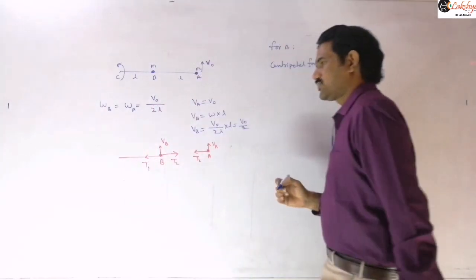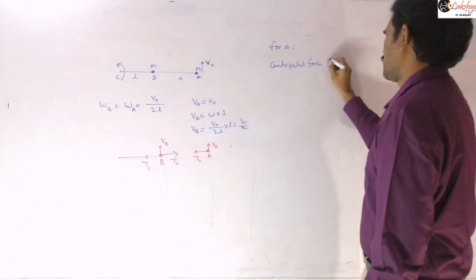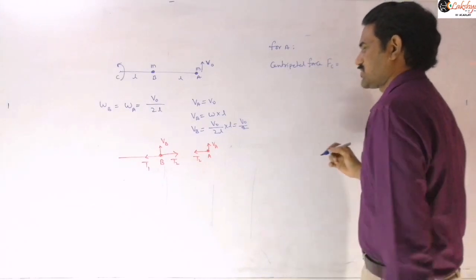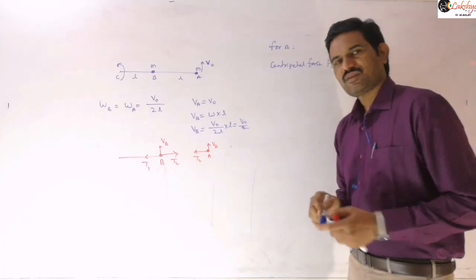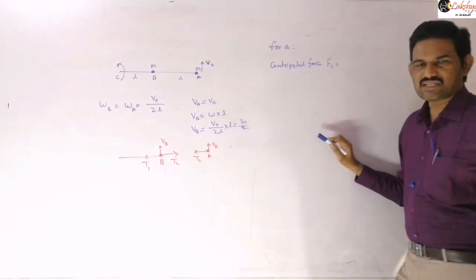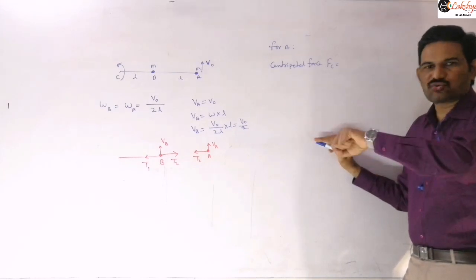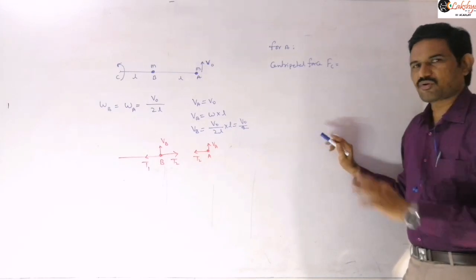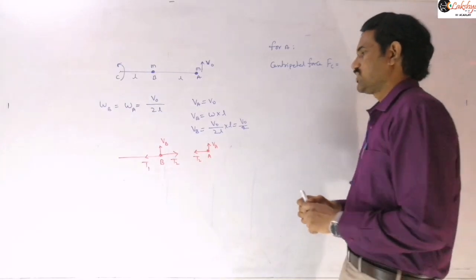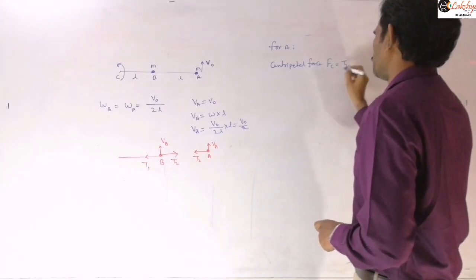For A, the only force, the centripetal force, who is providing the centripetal force for the particle A? The tension, only tension T2 will provide the centripetal force, right? Because that centripetal force is directed towards the center, so that only will provide the necessary centripetal force. So we can write this as T2.